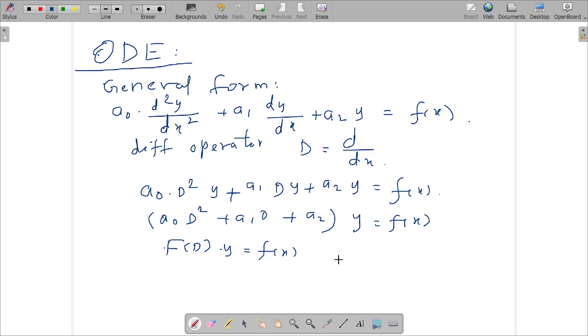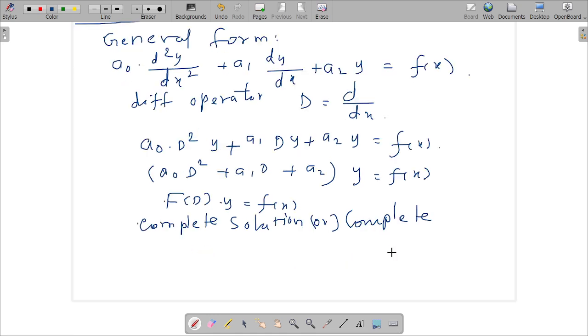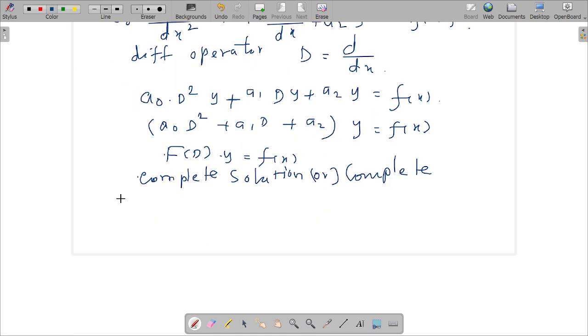This f of D y equal to f of x has a solution called the complete solution or complete integral, which contains two parts.